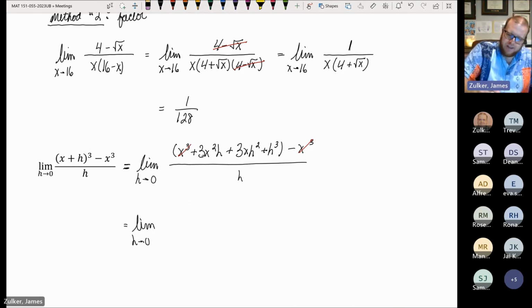Actually, if you take a look in the numerator, the remaining terms all have an h in common. So let's go ahead and factor that out.